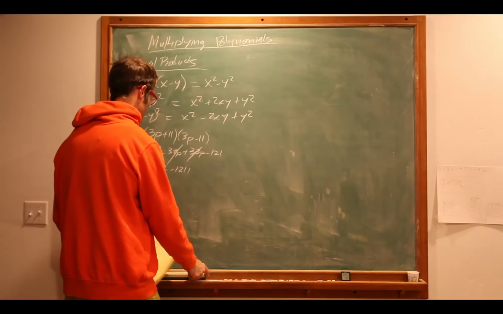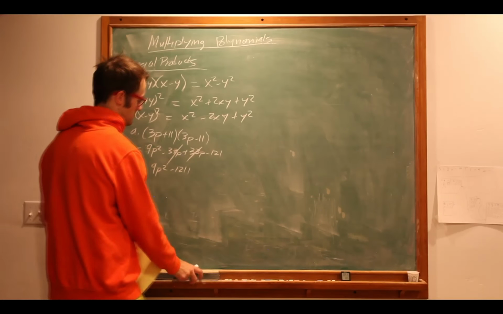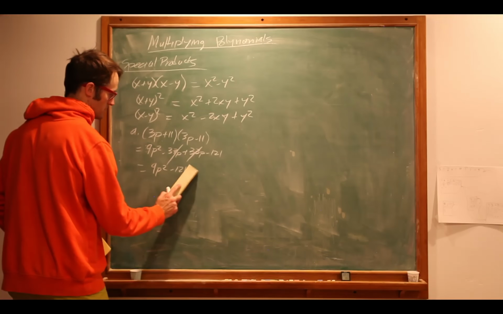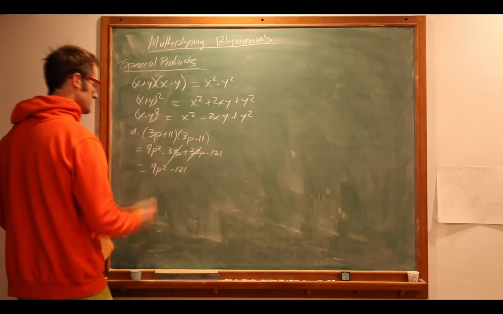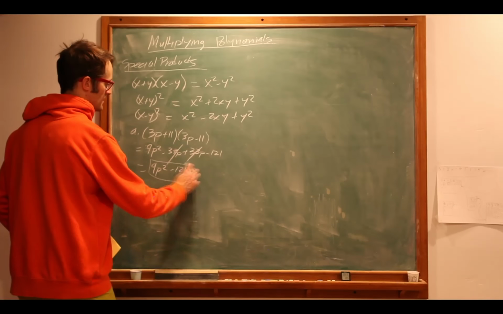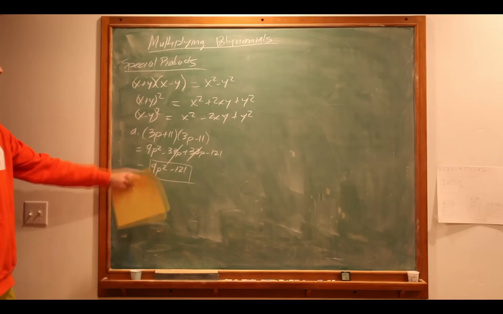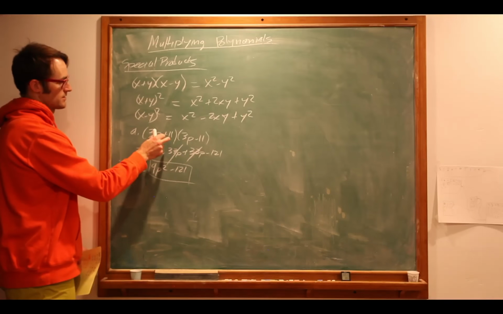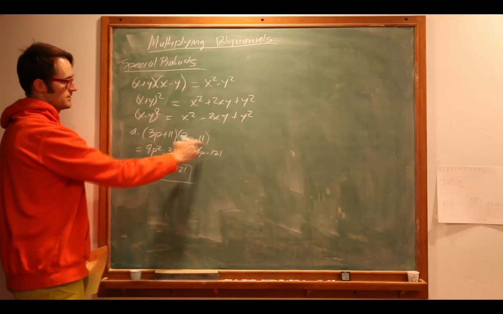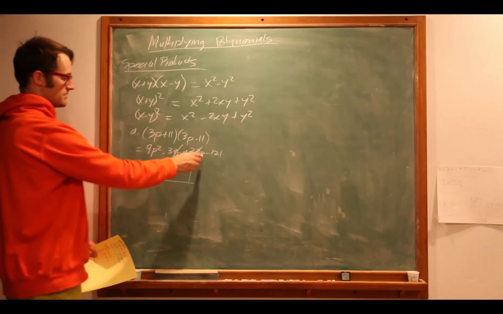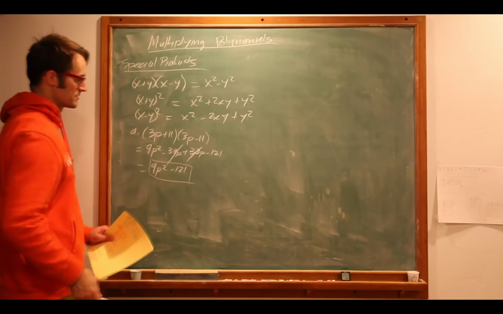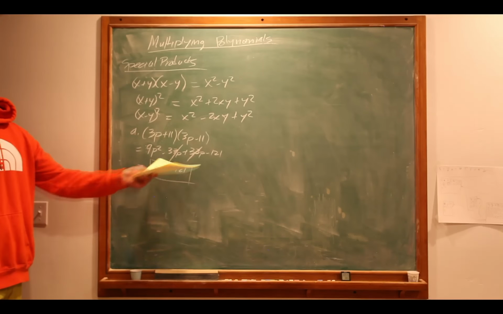Whoa, not 1,211. Okay. So you can see you could have just jumped to the answer by multiplying 3p by 3p and 11 by negative 11. But the full math passes through this step.